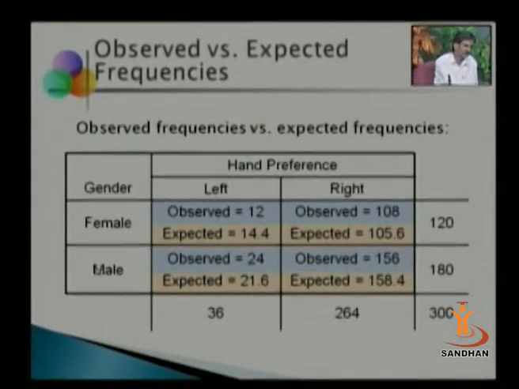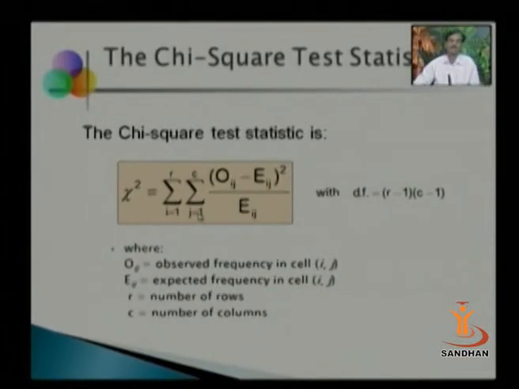If you observe the same table again, observed frequencies versus expected frequencies, I have presented both in the same table: observed in blue background, and expected frequency for each cell in orange background. The test statistic is chi-square, the double summation of (Oij minus Eij) square upon Eij, with degrees of freedom (r minus 1) into (c minus 1).